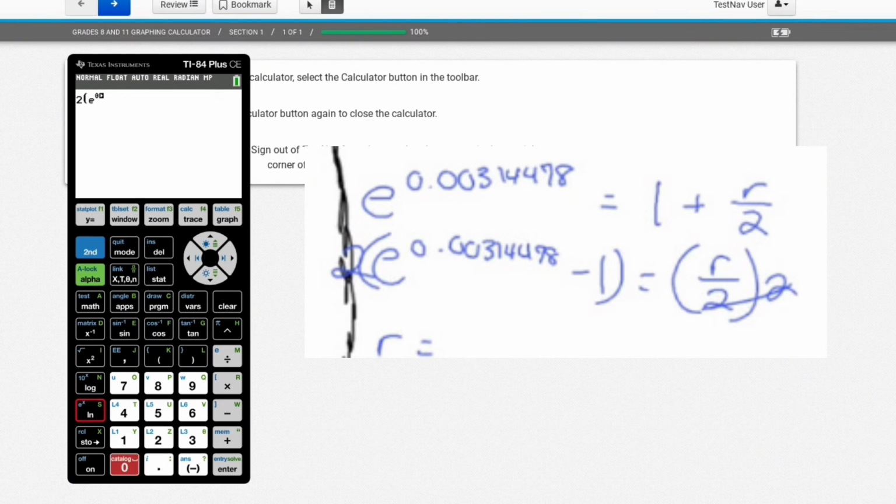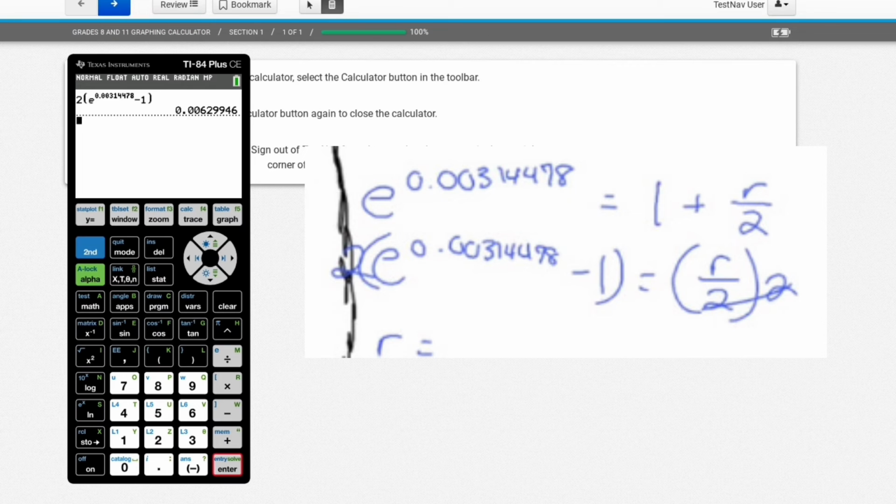And it's going to be 0.00314478. Okay, let's subtract 1, close it, hit enter, and we get 0.006299.